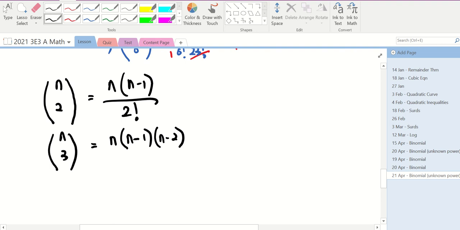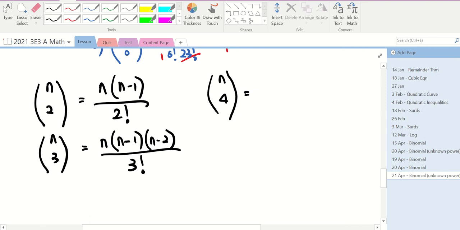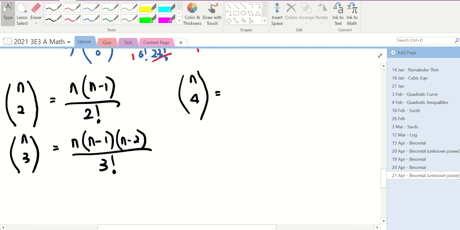Do I have 3 terms on top already? Yes. Then 3 factorial. Let's go to a more difficult one. N choose 4 must have how many on top? 4. Can you write it out yourself before you check in your mind?